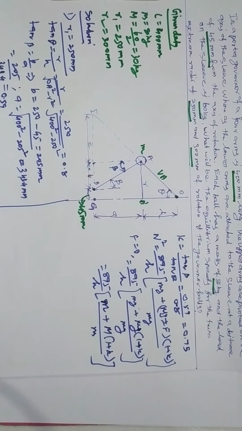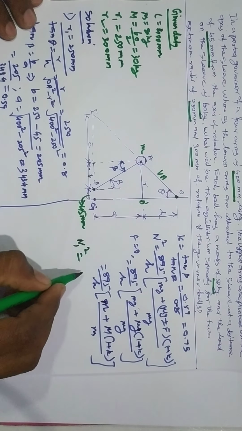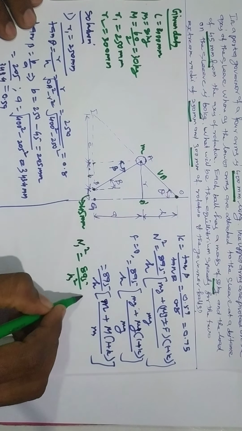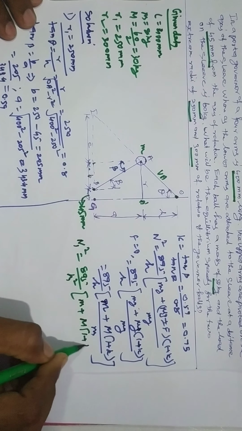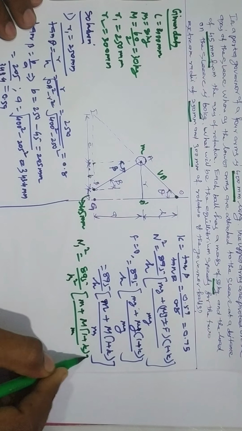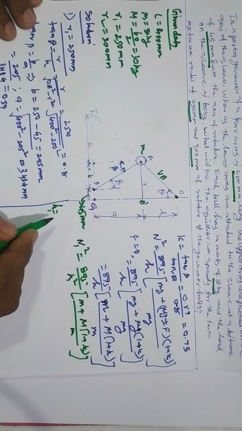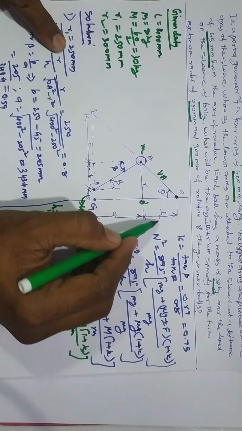Now substitute all the values in this equation. First n1 square is equal to 895 divided by h1, into small m plus capital M into 1 plus k, divided by m. So what is h? h1, according to r1, you should find out the h1.